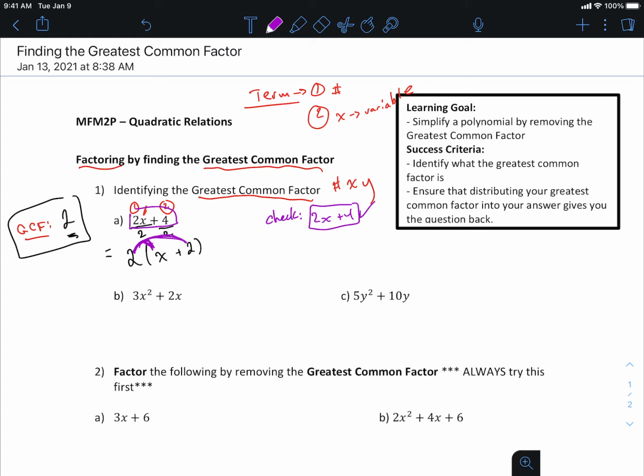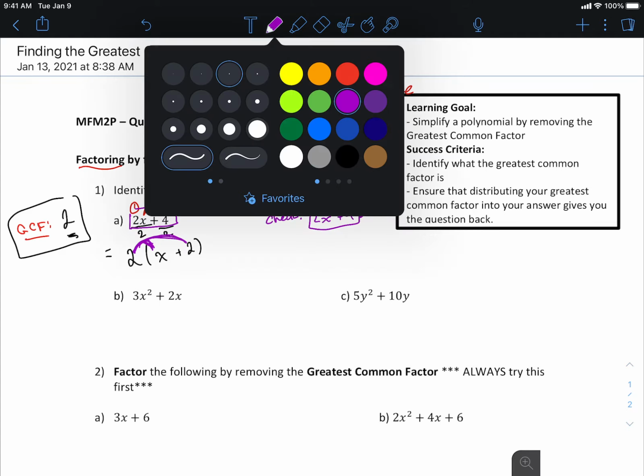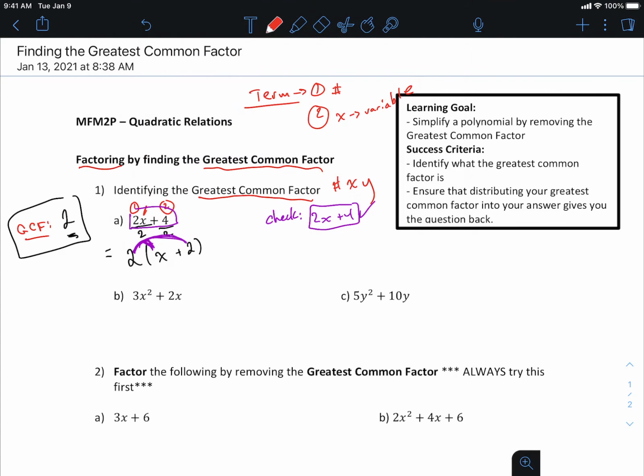So let's go down. We'll look at these two here. I have 2 terms this time. Your question is, let's identify the GCF, or greatest common factor. What can I divide both of these by? And remember, it has to go in evenly.